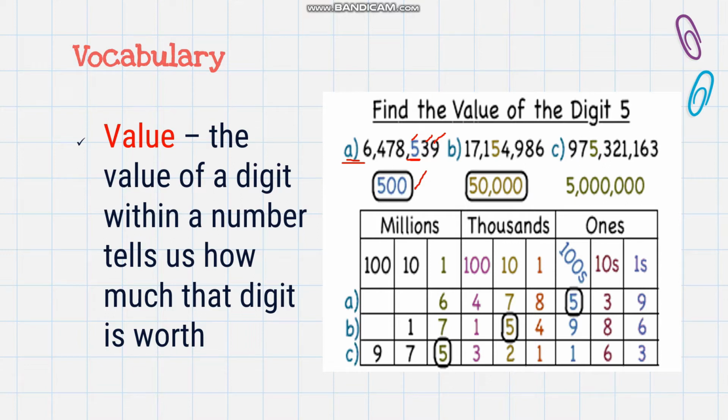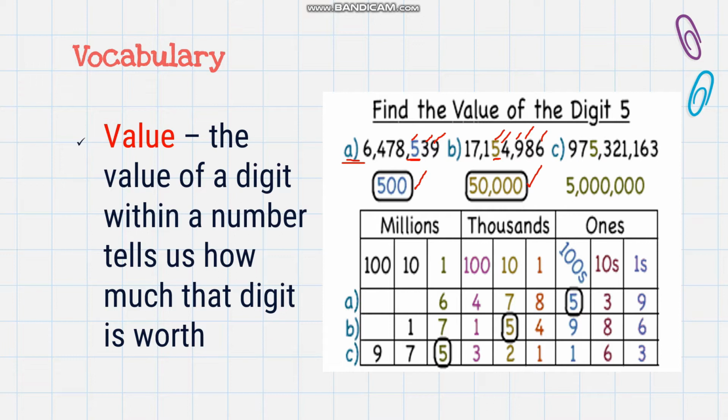Next, letter B. What is the value of the digit 5 here? Let's find out. This is ones, tens, hundreds, thousands, 10,000s. So 5 multiplied by 10,000 is equivalent to 50,000. So the value of 5 in this example is 50,000.